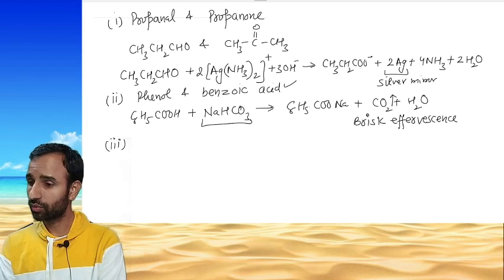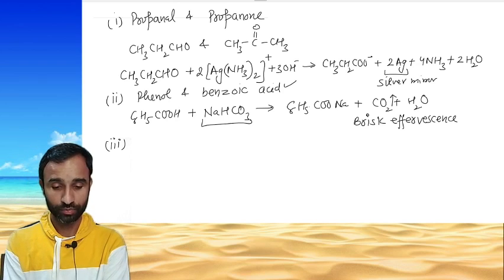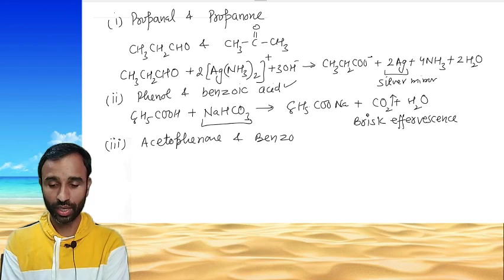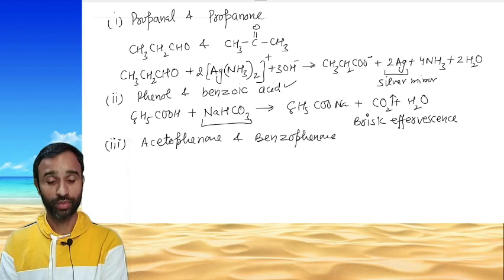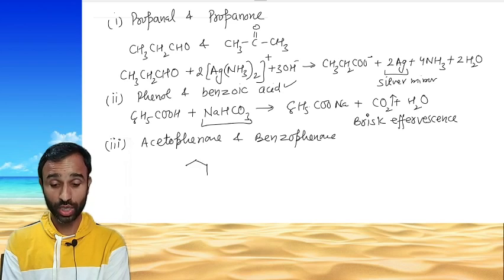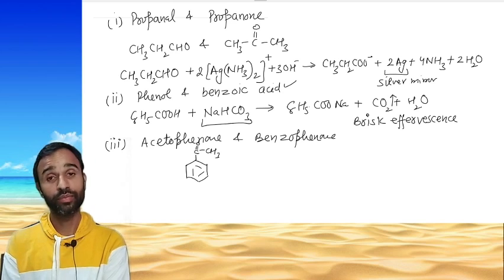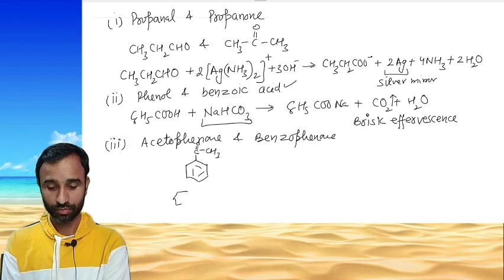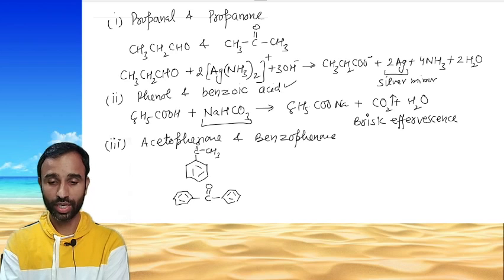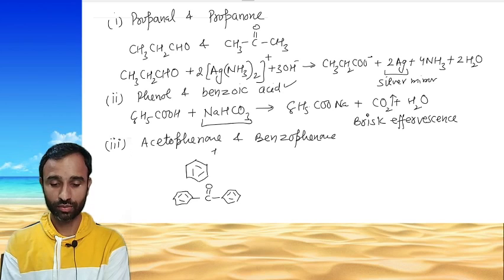Third one was acetophenone and benzophenone. Both are ketones. Acetophenone is C6H5COCH3, but benzophenone is C6H5COC6H5.